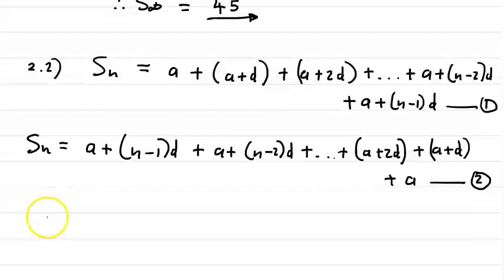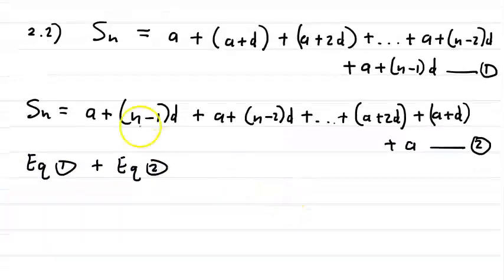So we're going to add both equations. Now we're going to say equation 1 plus equation 2. So we're going to add. If we add both, Sn plus Sn is 2Sn equals.